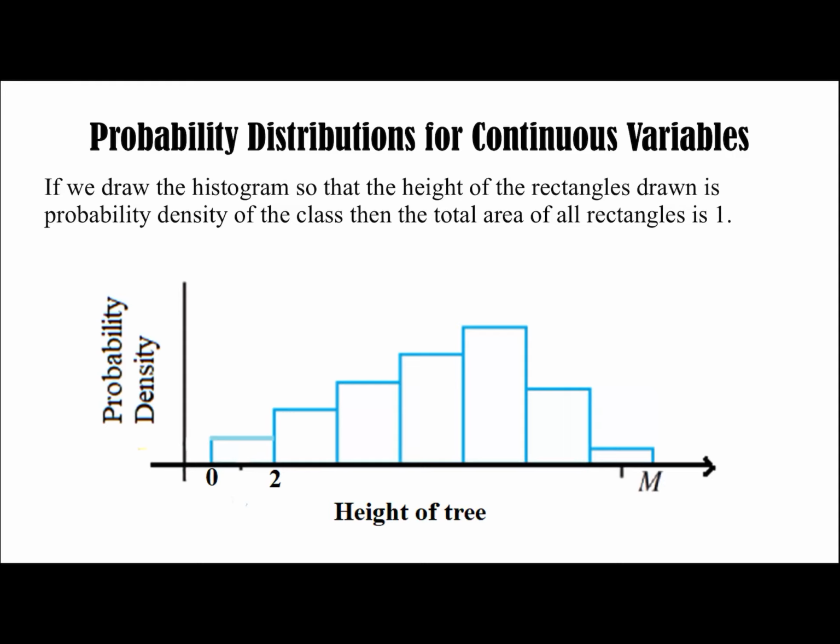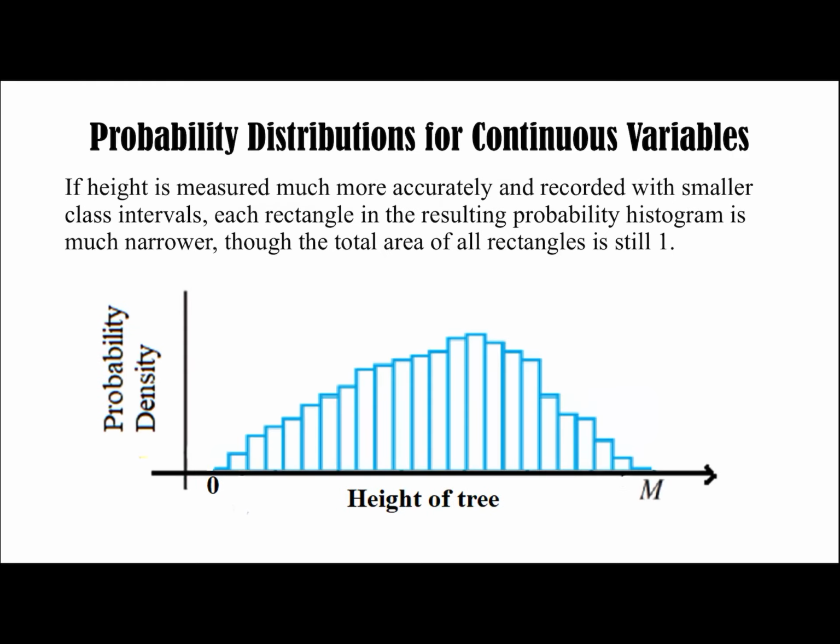If we represent the histogram, then the total area of all rectangles is 1. If height is measured much more accurately and recorded with smaller class intervals, then each rectangle is much narrower, although the total area of all rectangles is still 1.